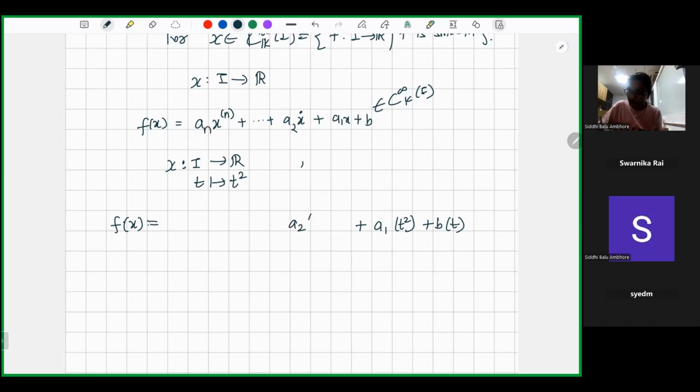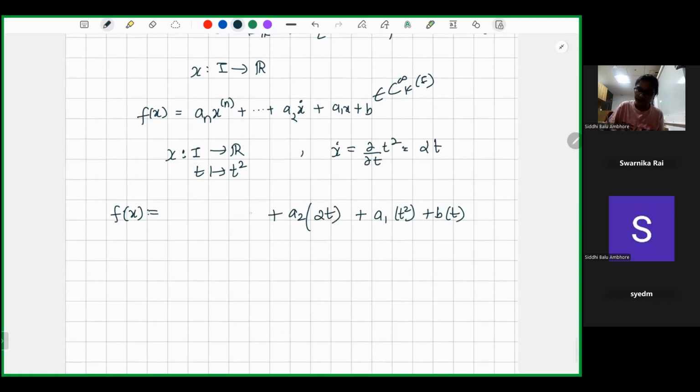This is a2 into x dot, so I'm taking differentiation of this. So x dot is d by dt of t square, so this is 2t, plus a3 into x double dot.